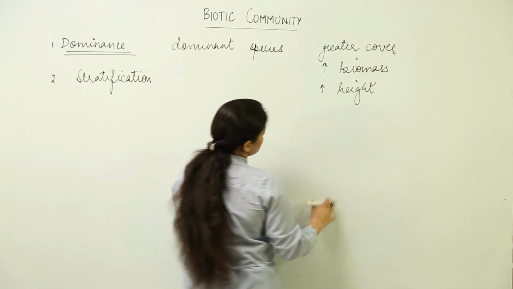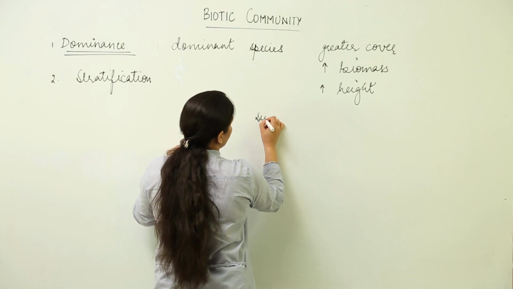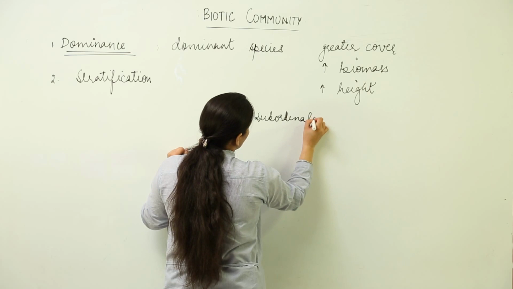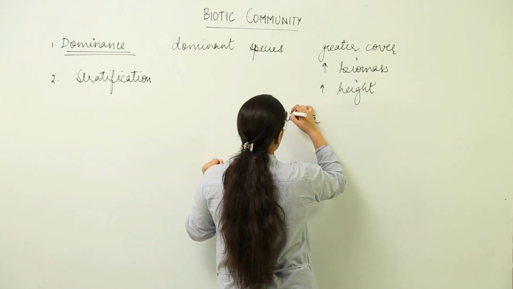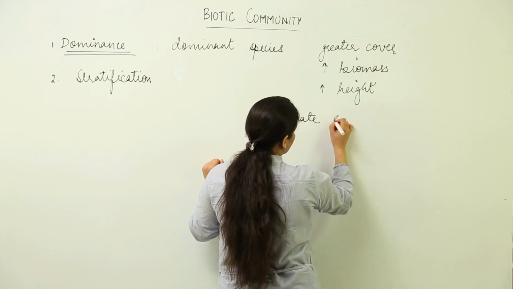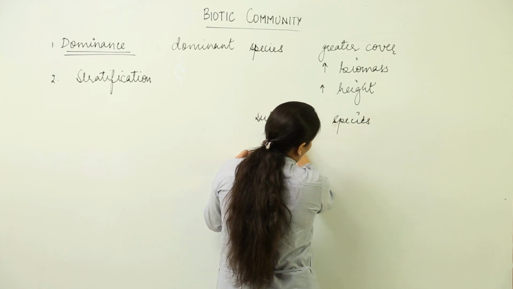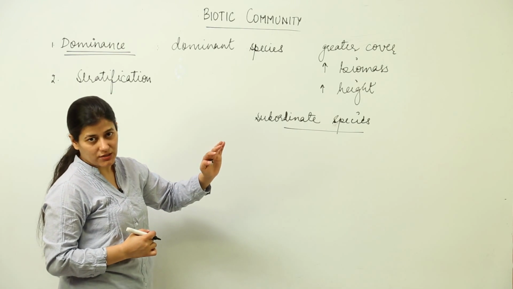Alright, so these things make it dominant over the other subordinate species, and such is the importance of the dominant species which belong to the community that the entire community is often named after the dominant species that is present over there.